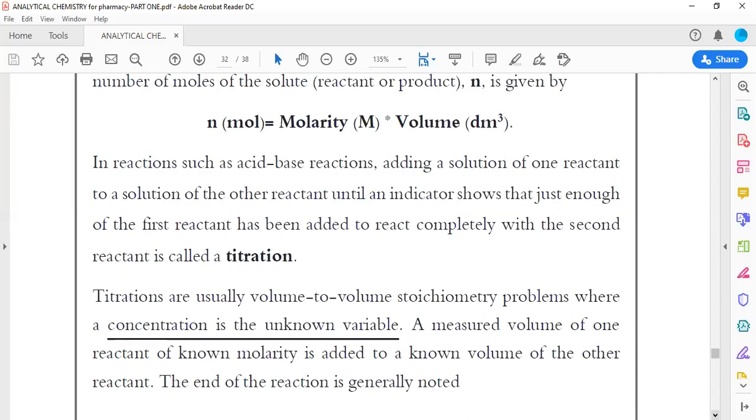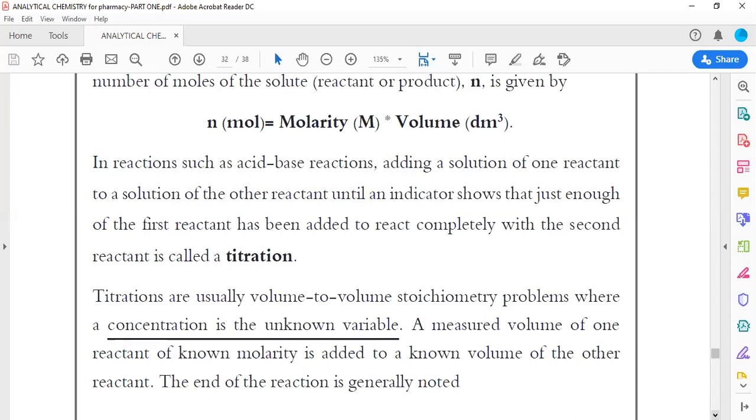We should have one of them known and the other unknown. So for example, if you know the molarity, I mean the concentration, of the acid, you can find out the concentration of the base. Or if you know the concentration of the base, you can find out the concentration of the acid. In either case, you can find out one, but the other one should be known.